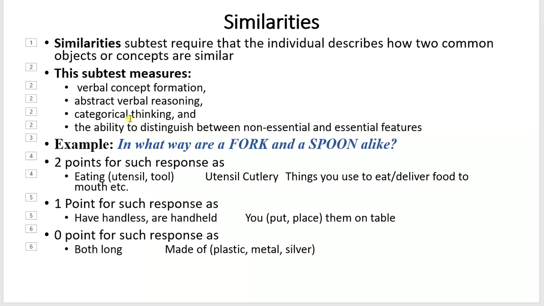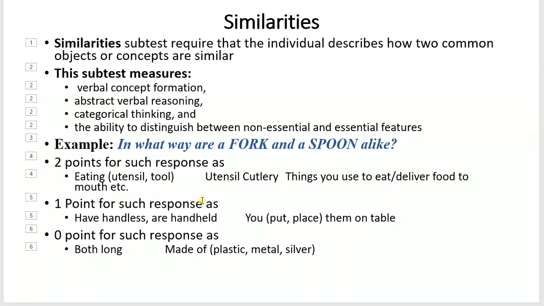In similarities, the participant or the examinee is required to describe how two objects or two concepts are similar, alike in nature. This subtest measures verbal concept formation ability, abstract verbal reasoning ability, categorical thinking, and the ability to distinguish essential features from non-essential features.